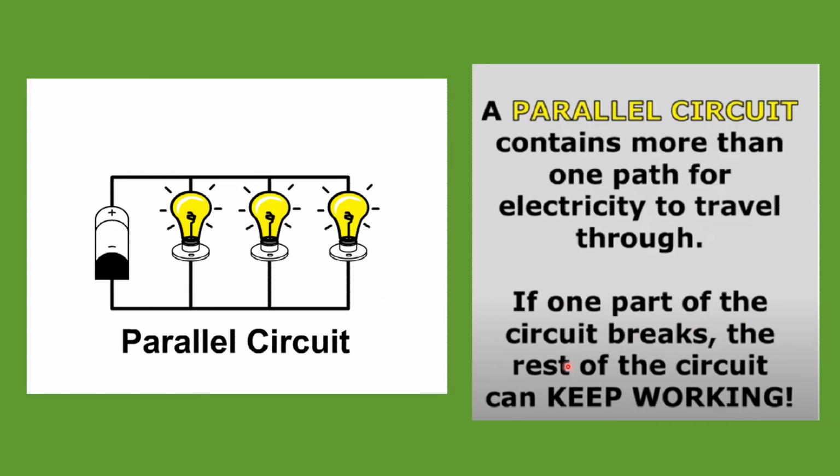If one part of the circuit breaks, the rest of the circuit can keep working. Like in the series, if the circuit breaks, all three bulbs will not work. But in parallel, because each of them has its own wire, if one breaks, the two will still work.